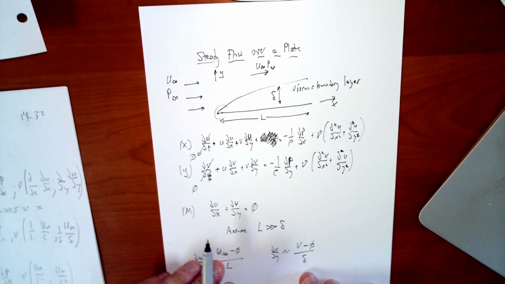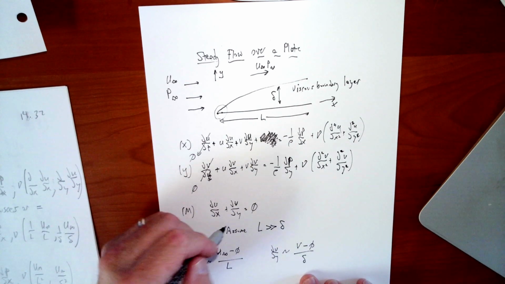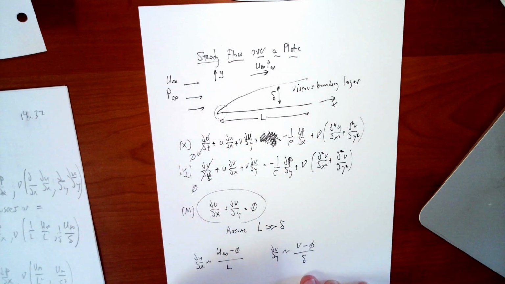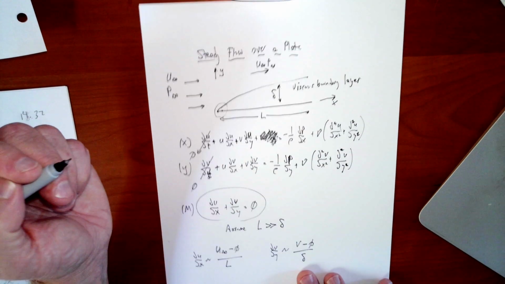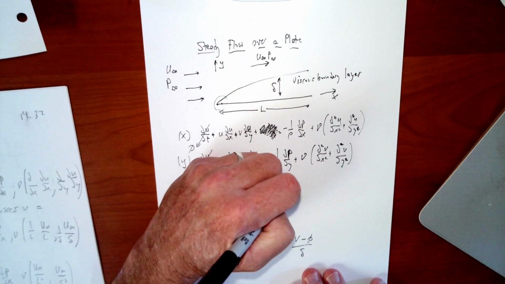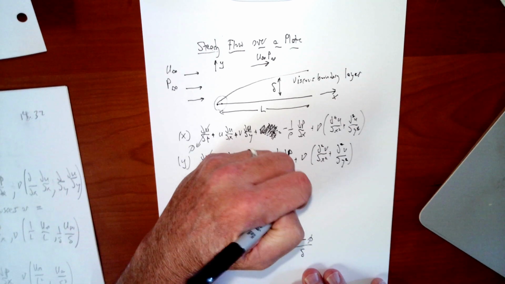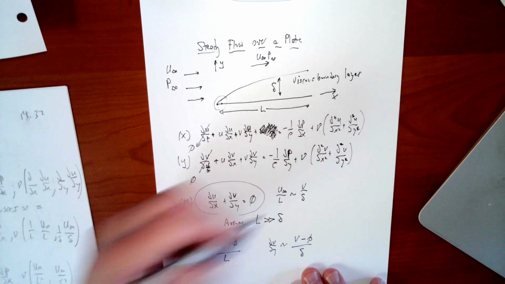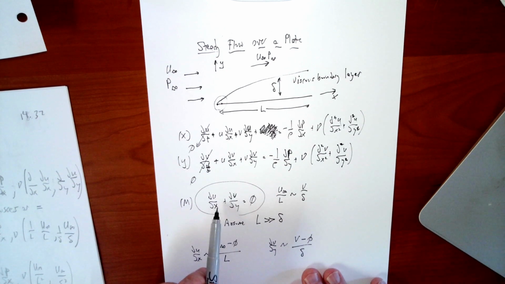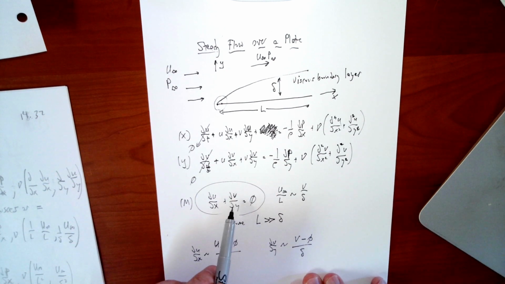So those are my two terms, and then I can plug these into the mass conservation to get a scale for V. So I go ahead just like I did in the last lecture. U infinity over L has got to be of order V over delta, because these two things have to be the same size or they can't add together and end up being 0. If this is 1 and this is negative 100, that won't add to 0.